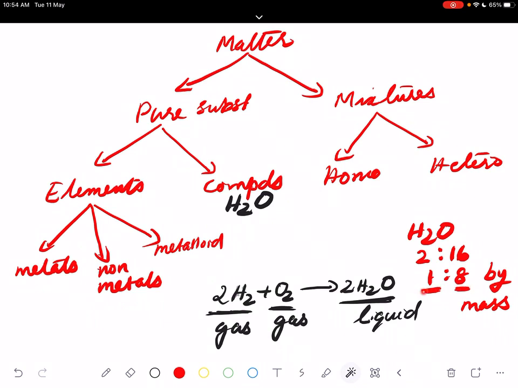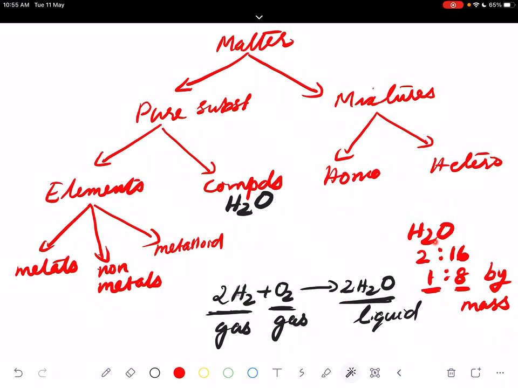Irrespective of the source of water, whether lakes, ponds, sea, well, tap, river, or rain, water is made up of fixed elements: hydrogen and oxygen in a fixed ratio by mass. That ratio is 1 is to 8 by mass.